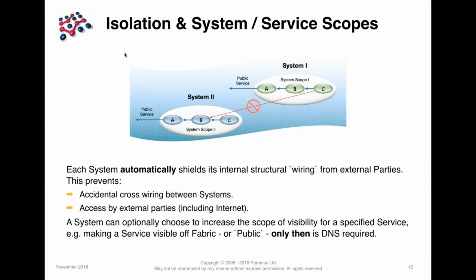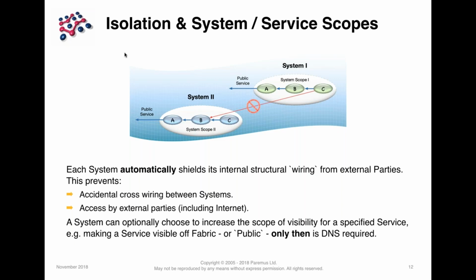Okay, next, the fabric automatically isolates systems and services. So what we mean by this is if we deploy 2 systems into the environment, each one consisting of components A, B, and C, the fabric will avoid cross-wiring between those systems. So component C, its service will never be consumed by component B in the second system.